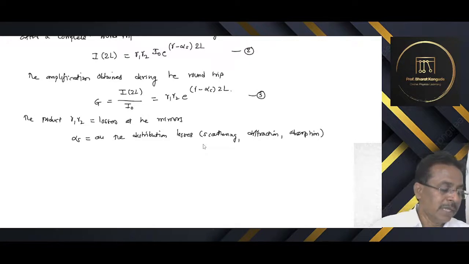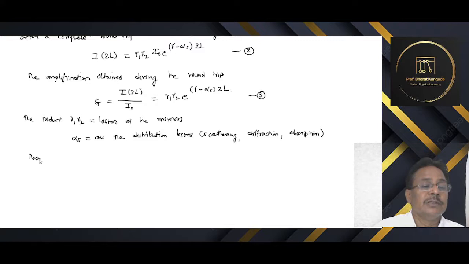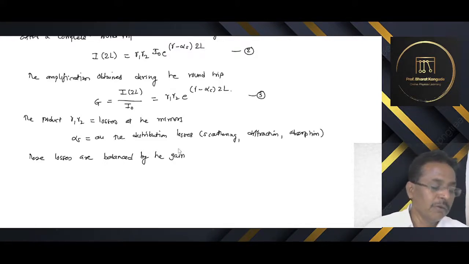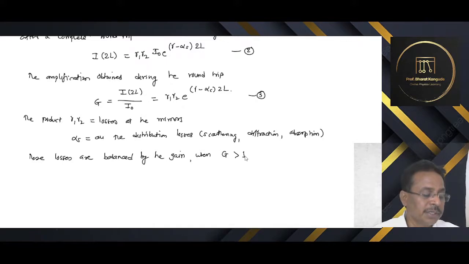The losses are balanced by the gain. When these losses are balanced by the gain, gain means an increase, when G is greater than 1.